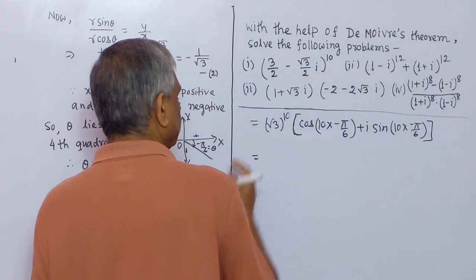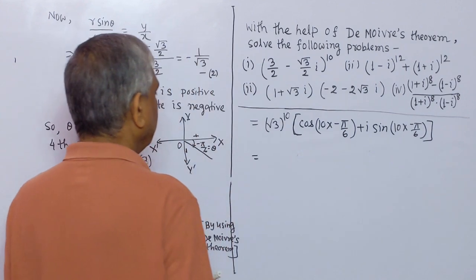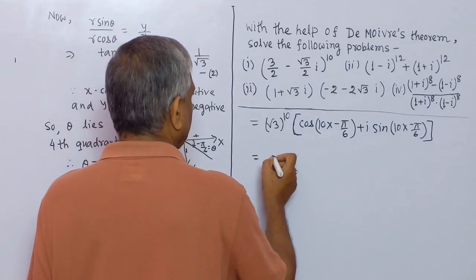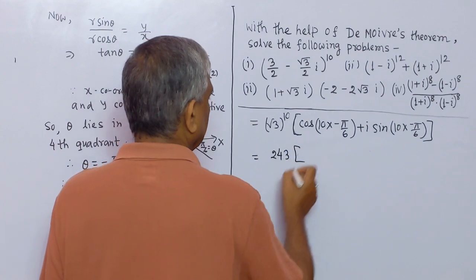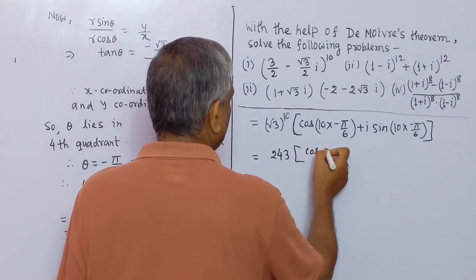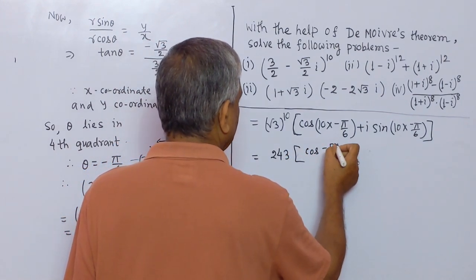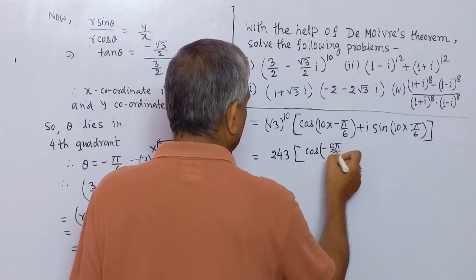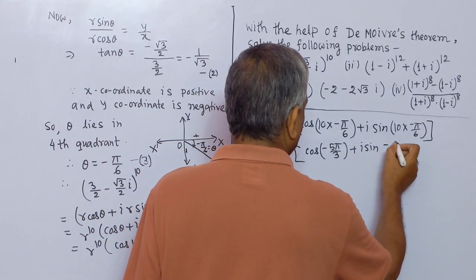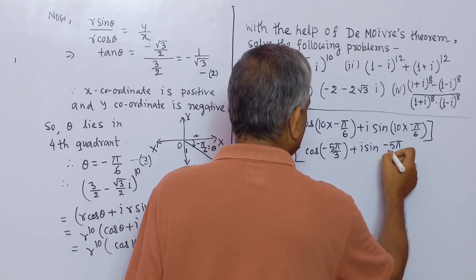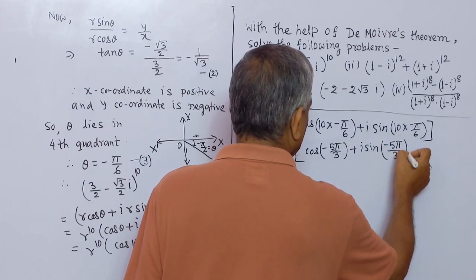This is equal to square root 3 to the power 10, which is 243, times cos minus 5 pi by 3 plus i sin minus 5 pi by 3.